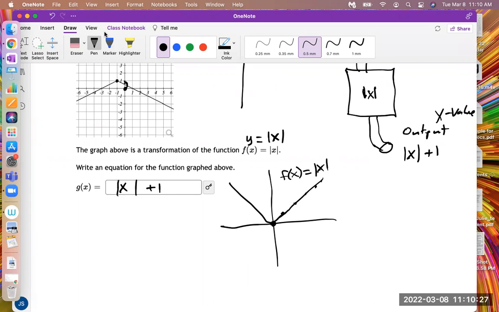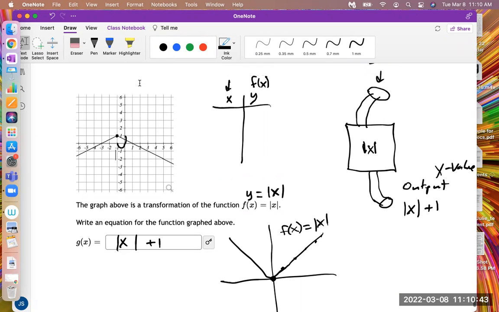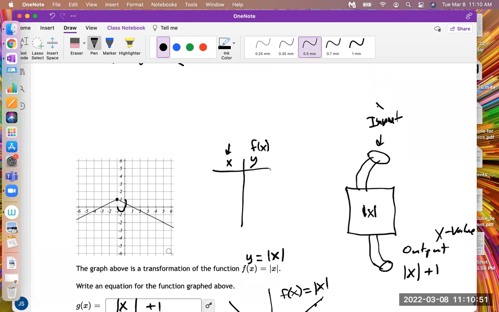Okay, and now I notice not only is it shifted 1 up, but it's also shifted 1 to the left. And how do we shift a function left and right? You're changing the values on the x-axis, and these inputs are your x values. So if we want to shift a function to the left or right, we have to do it to the input values, because that's what changes the x values.